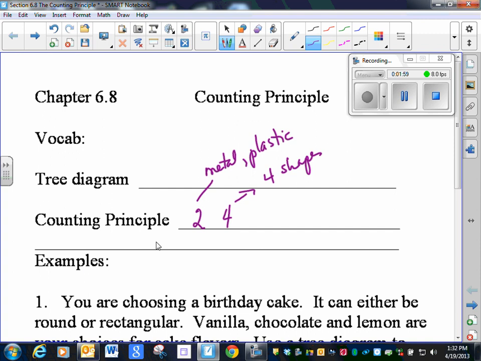The counting principle says multiply these 2 together, and that's how many possibilities there are of combinations. So you can see the 8 combinations listed in the tree diagram, and then you can see it calculated without a tree diagram by simply multiplying how many choices you have together.